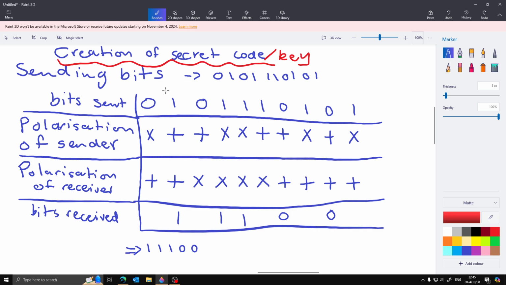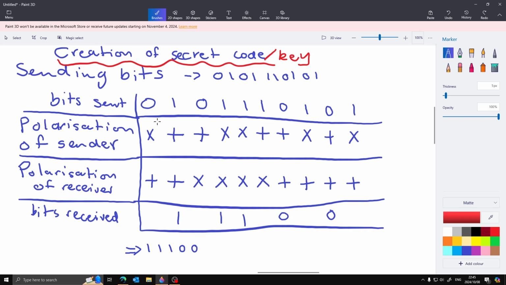Obviously you can see it can go through our diagonal, but it cannot go through our horizontal because the polarizations have to be the same. Or here it goes through our horizontal and vertical, and then it can continue going through, and therefore we have a bit that's received, that bit being either 0 or 1 on the other side.